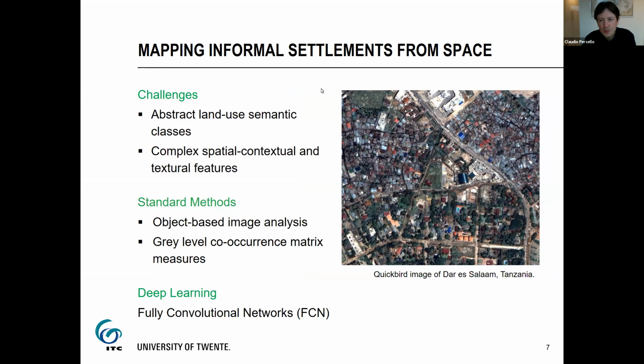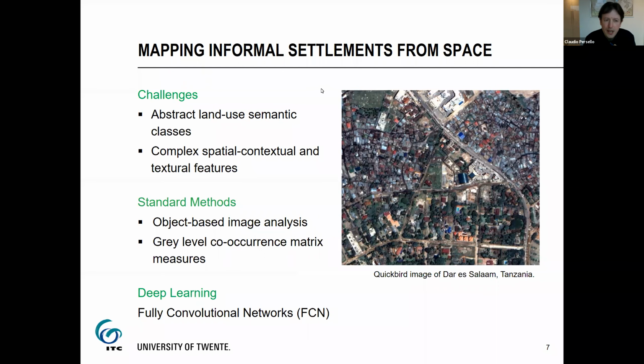Moving now to space, so to say, we have also investigated techniques to map informal settlements using very high resolution satellite images. In this case, the idea is to detect and map the distribution of slums over, for instance, large urban areas.